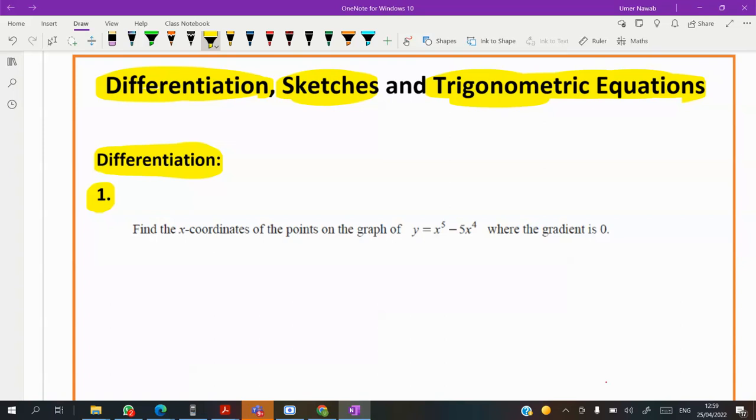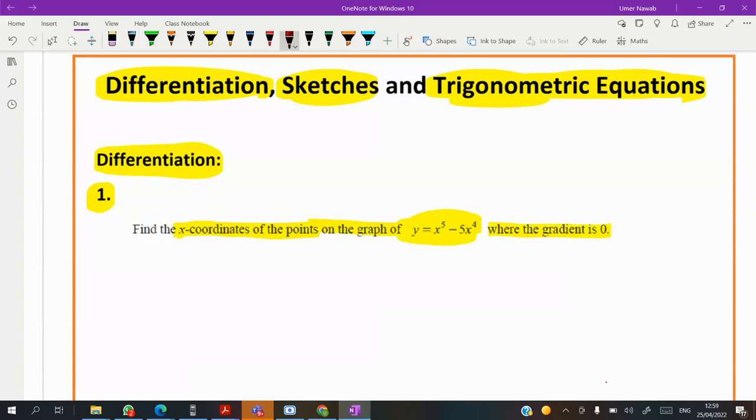The basic skills of differentiation have already been explained to you, but now we will also touch on the application aspect of this topic. In the very first question, he said find the x coordinates of the point on the graph, the graph is given to us, where the gradient is zero.